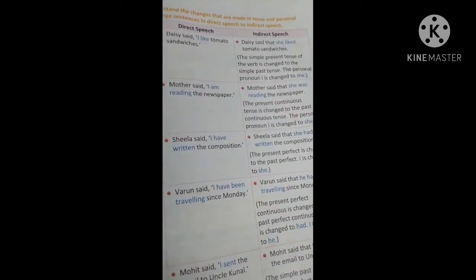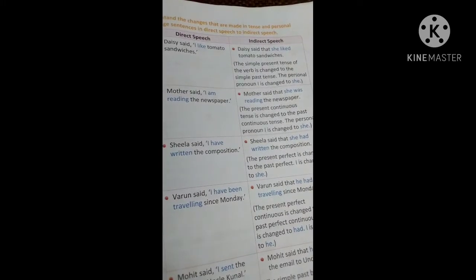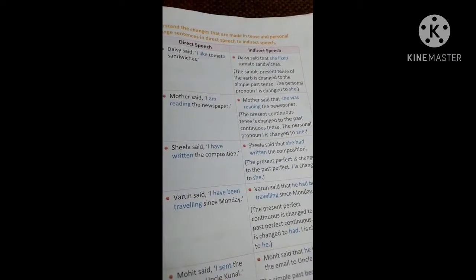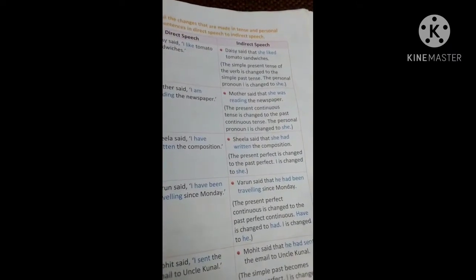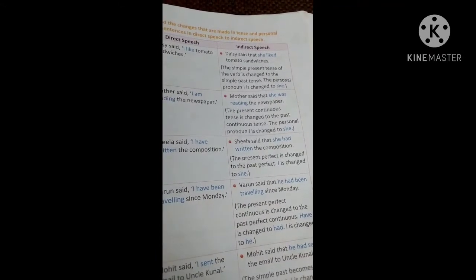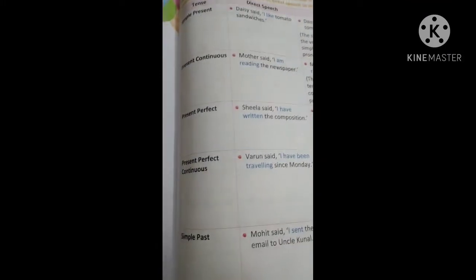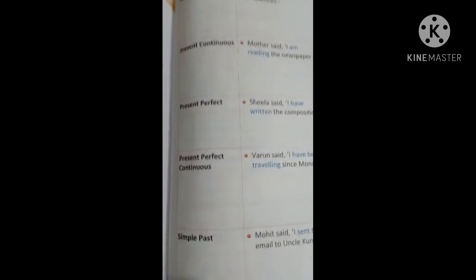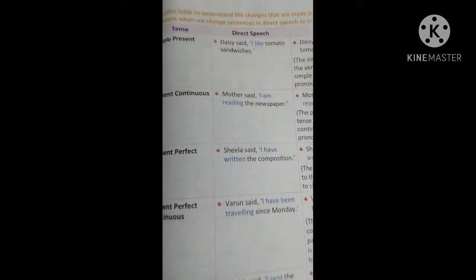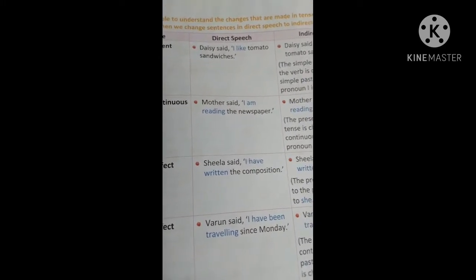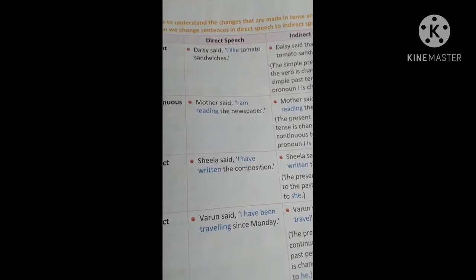So, when we change the direct speech to indirect speech, I will take the form of Daisy, that is, I will be changed to she. These things you have to take care of. Now the sentence will be, Daisy said that she liked tomato sandwiches. Like will become liked because here the reporting verb is said, that is in simple past form. Again I would like to tell dear students that Daisy said is the reporting verb. I like tomato sandwiches is the reported speech.